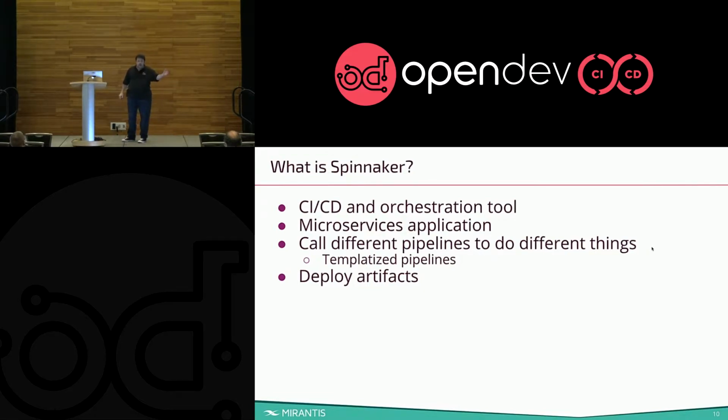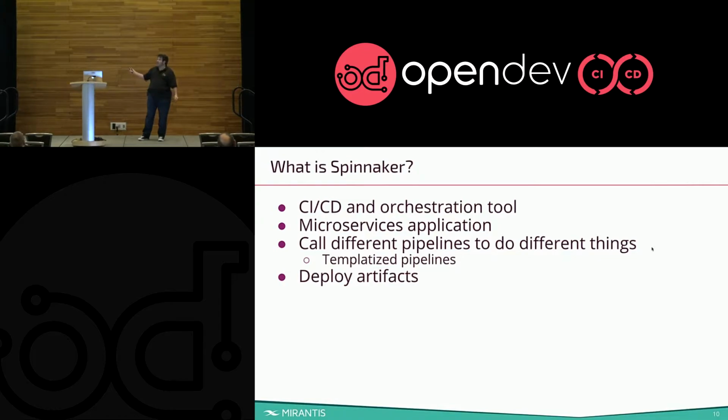What you may or may not know already is that it works by creating these pipelines where you create various stages that define what it's going to do at any given time. And you have the ability to do, say, templatized pipelines.